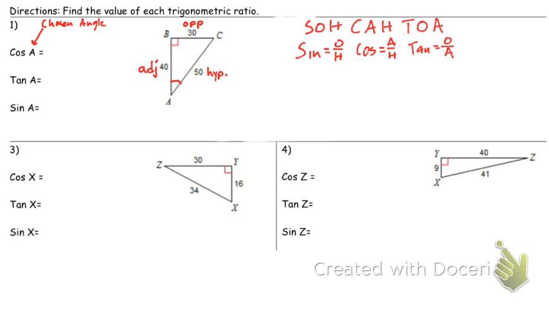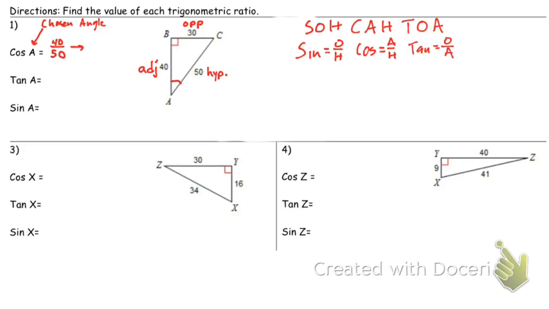So it's going to go 40 on top over, and what do I need to put on the bottom? I need to put my h, which is my hypotenuse. So my hypotenuse is 50. That goes on bottom. Okay? We have just found the cosine of angle A. It's 40 over 50, but we do want to reduce.